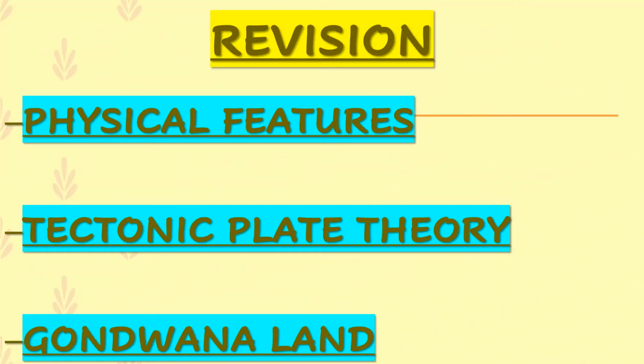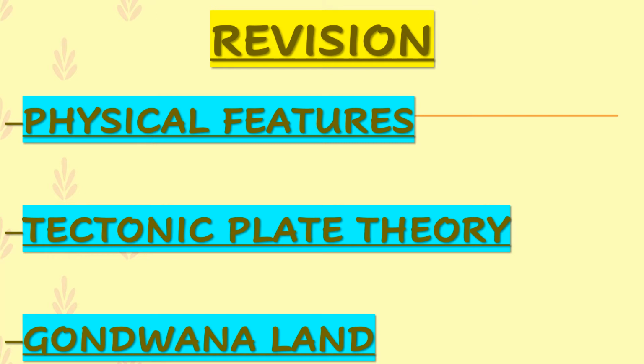So starting with the physical features, children, we earlier learned that our country India consists of varied features. Correct? We have hills, mountains, plains, rivers, seas, everything comes under the physical features of our country. Then we learned that every physical feature varies from one another.